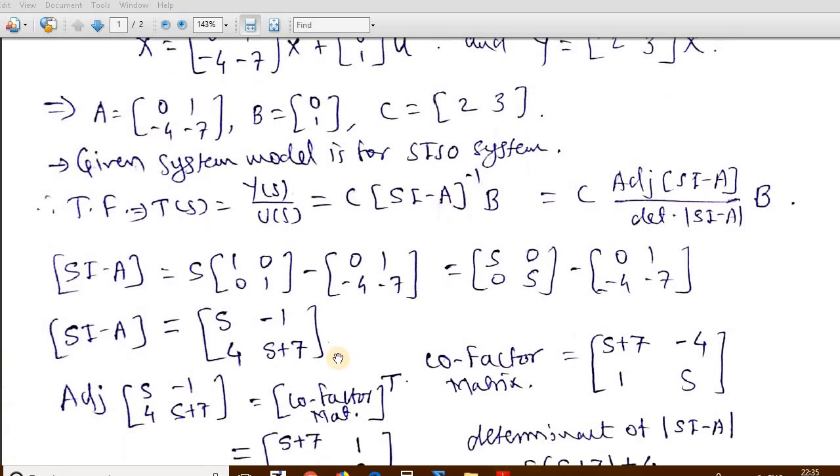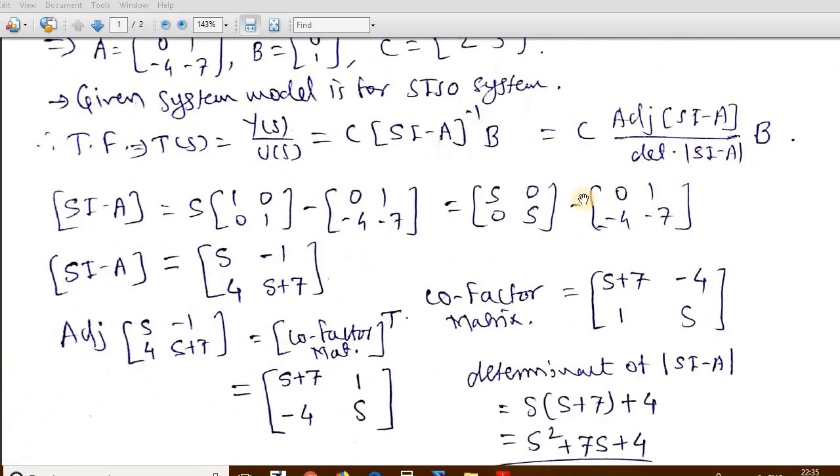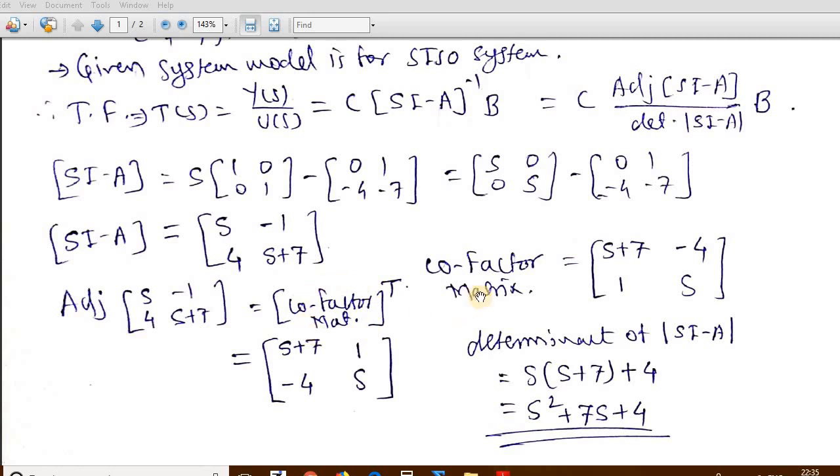Calculating the inverse of sI minus A means we need to calculate the adjoint matrix first and then take the determinant. To find the adjoint matrix, we first find the cofactor matrix, and the transpose of the cofactor matrix is called the adjoint matrix.